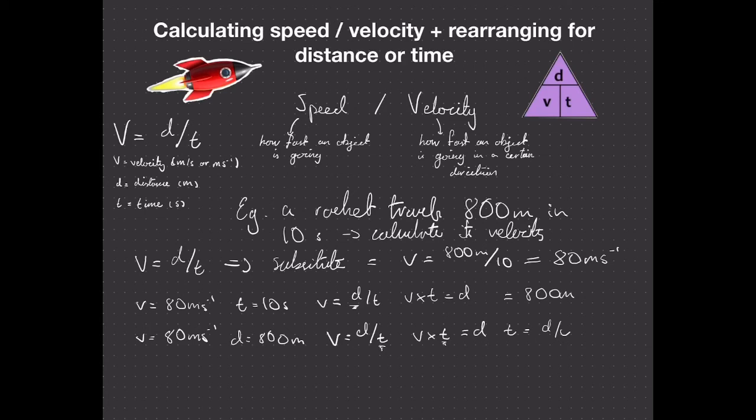We plug that in and we would get 10 seconds. You can see that using the calculations, we've calculated the correct answer each time. All we're doing is changing the equation to suit us for what we're looking for, remembering that whatever you do to one side of the equation, you have to do to the other, and we can use our understanding of that to calculate what we want.